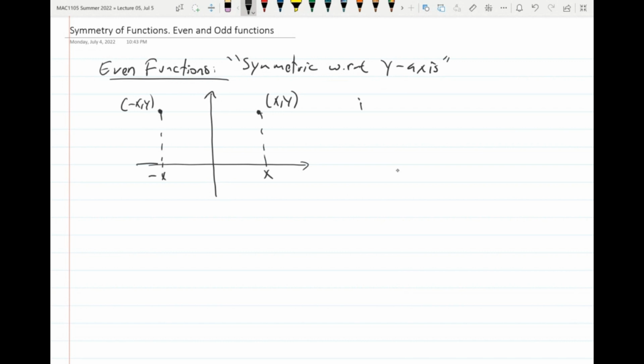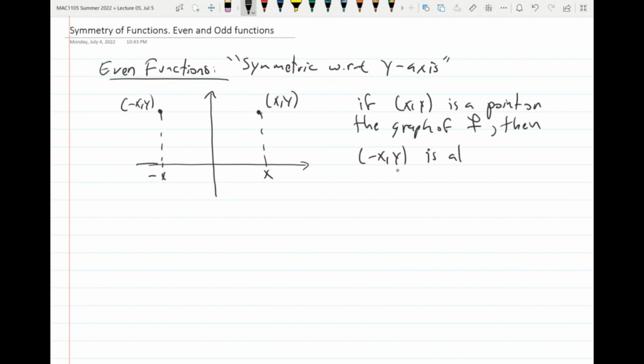So the condition is: if (x, y) is a point on the graph of f, then (-x, y) is also on the graph of the function f. That's what it means to be an even function.